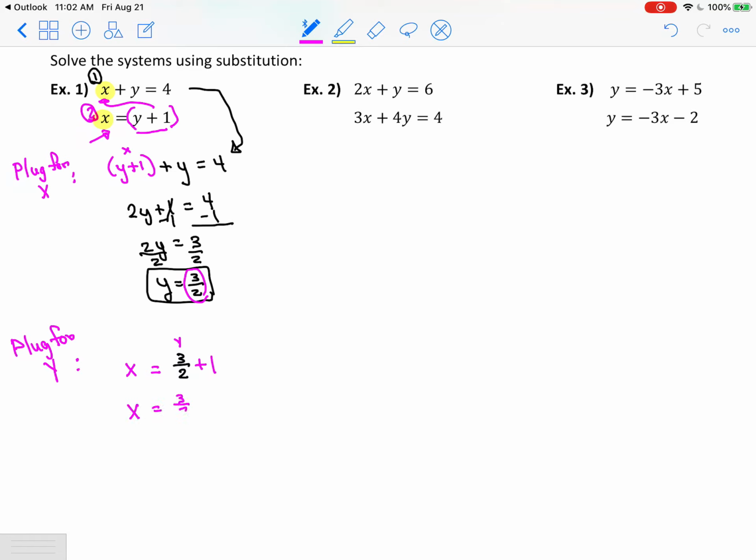And we have some addition of fractions, so we're going to change that 1 into a 2/2, which is the same as 1. And we can see that x is equal to 5/2. Okay, and in the end we write our solution as an ordered pair. So my x value is at 5/2 or 2.5, and my y value is at 3/2.